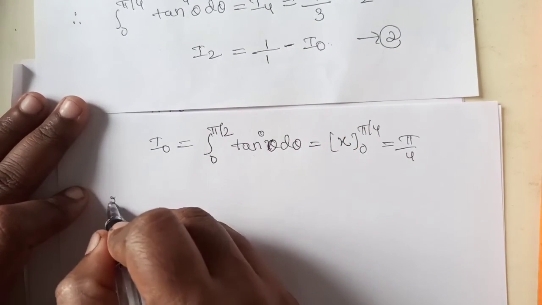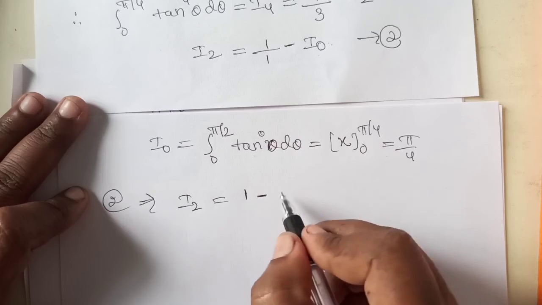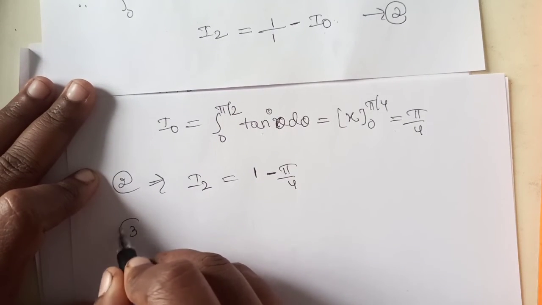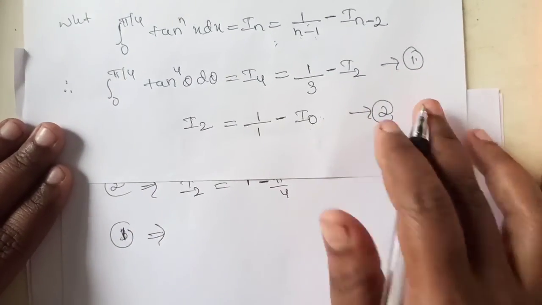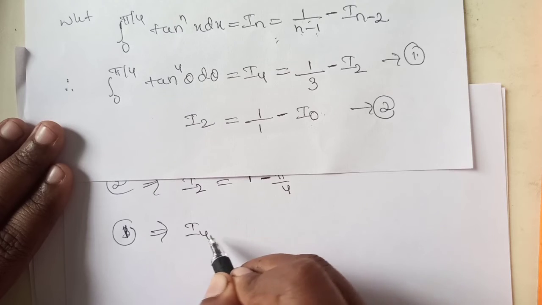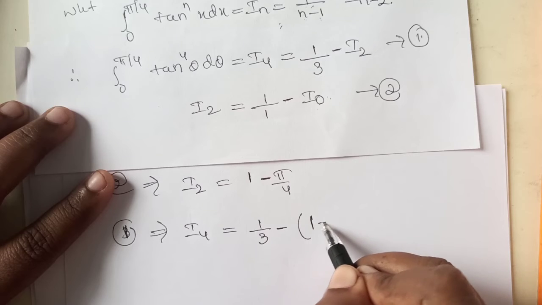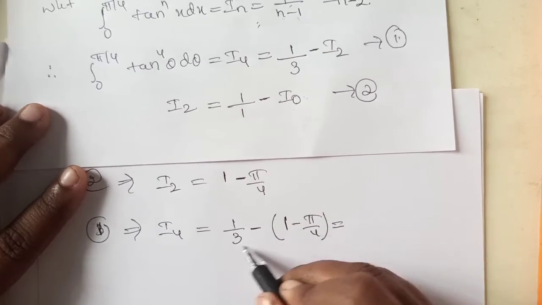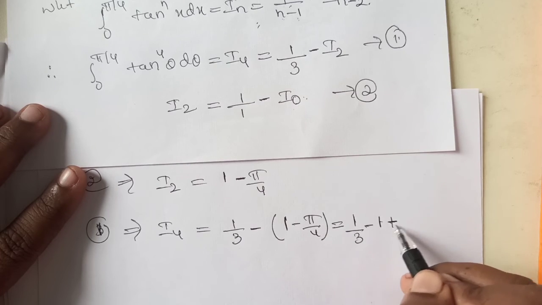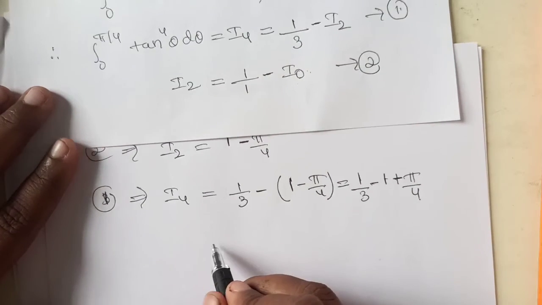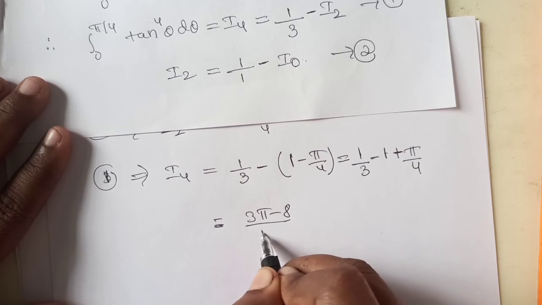Now equation 2 implies I2 equals 1 minus I0, which is 1 minus pi by 4. Also equation 1 implies I4 equals 1 by 3 minus I2, which is 1 by 3 minus 1 minus pi by 4. Further simplifying, minus into minus gives plus pi by 4, and we get 3 pi minus 8 divided by 12.